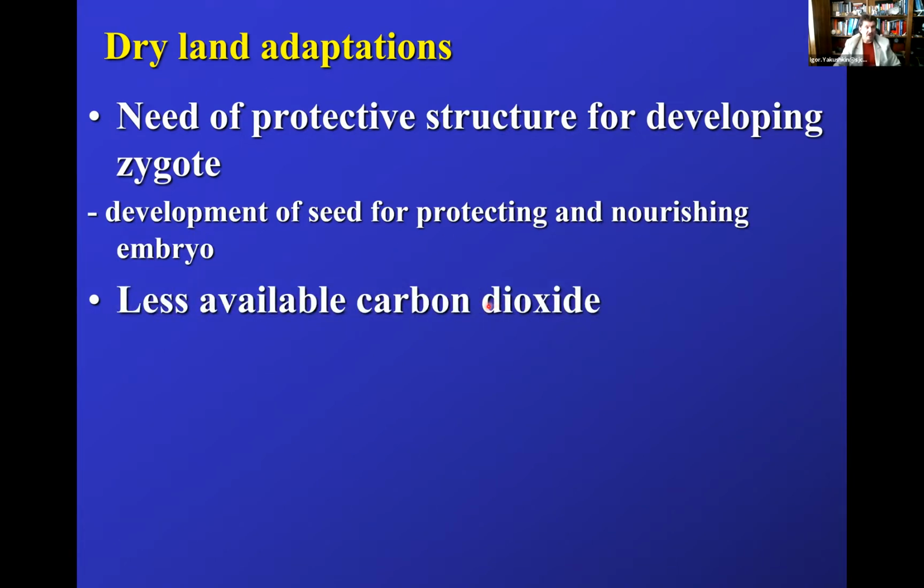Why was there less available carbon dioxide between, let's say, 300 million years ago and now? Because remember those ferns, the trees, started growing, then dying off, taking the carbon dioxide, building the cell walls out of cellulose, then dying off and getting buried.